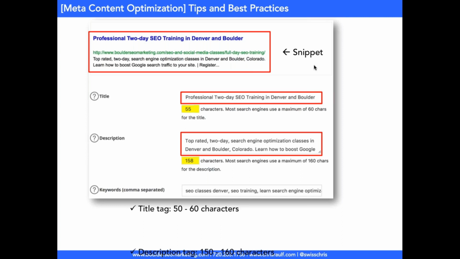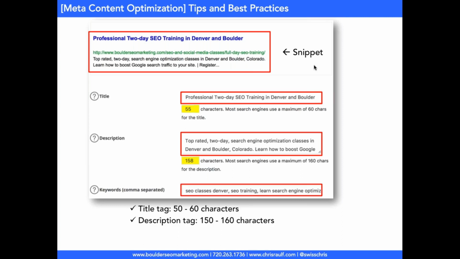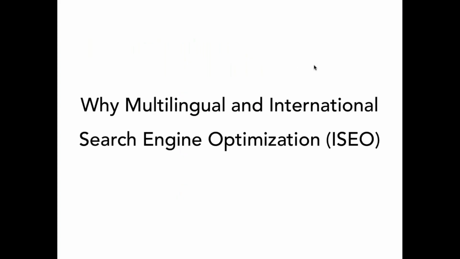Then the description tag should be no longer than 160 characters. You want to include 1 or 2 variations of that target SEO keyword for that particular page. And then I still recommend that you take advantage of the keywords meta tag, and there you want to include 2 to 4 target SEO keywords. And then of course, please make sure to include a keyword in the URL. Google still pays attention to that.